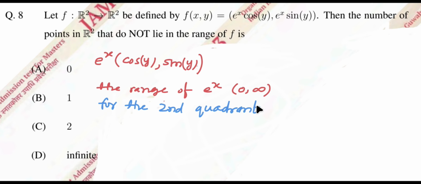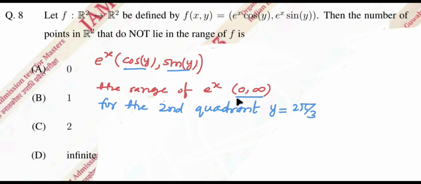Okay. So you are getting all the points for the first quadrant. For the second quadrant, we have to keep the x coordinate negative and the y coordinate positive. For that, y equals 2 pi by 3, 120 degrees. You know, cos 120 degrees is negative and sine 120 degrees is positive. So you are getting one negative and one positive.